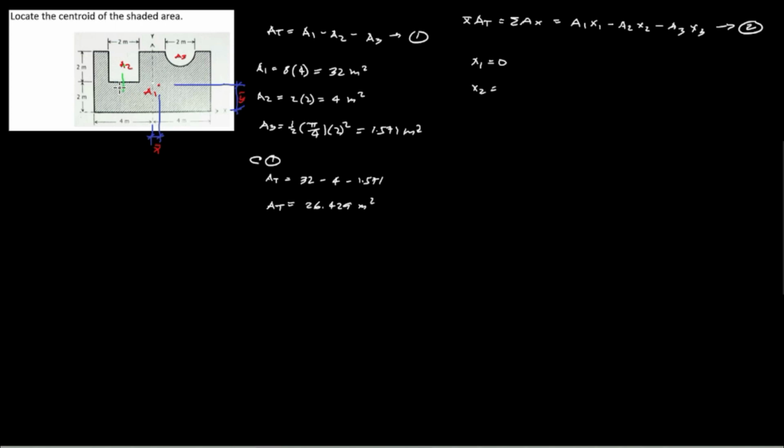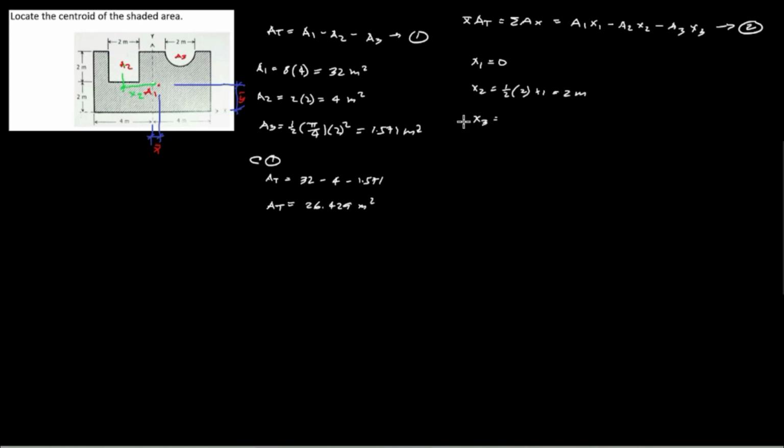The distance up to the y-axis, x sub 2, is equivalent to 1/2 of the base of the square, which is 2 meters, plus the distance from this point up to the y-axis, which is 4 meters minus 2 meters divided by 2, equal to 1 meter. So x sub 2 is 1/2 times 2, which is 1, plus 1, or 2 meters.